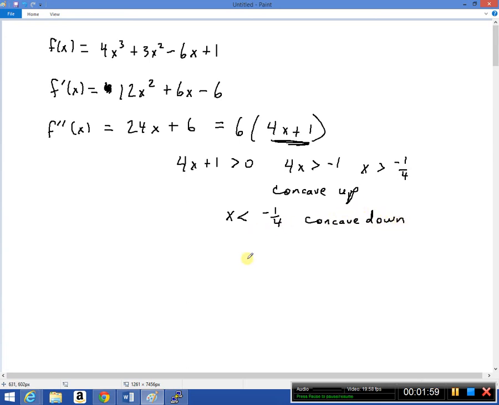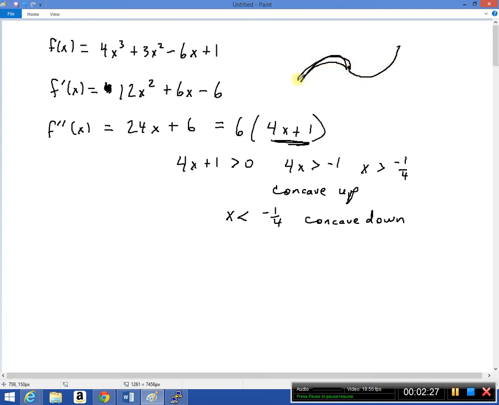And so that's going to make negative 1/4 a point of inflection because the concavity changes around negative 1/4. To the right of negative 1/4 we have concave up, and to the left we have concave down. So I can already tell pretty much what this curve is going to look like. No surprise, wherever negative 1/4 is, we're going to have a concave up curve from here and a concave down curve from there.